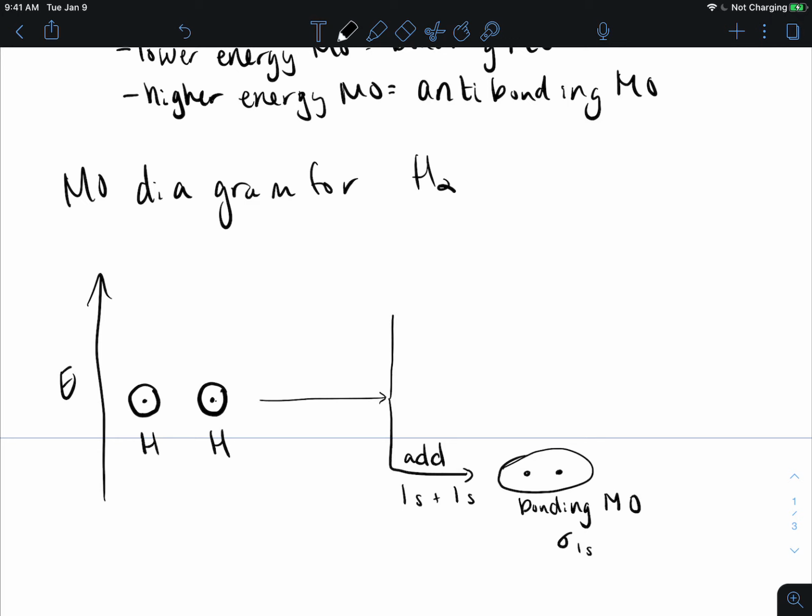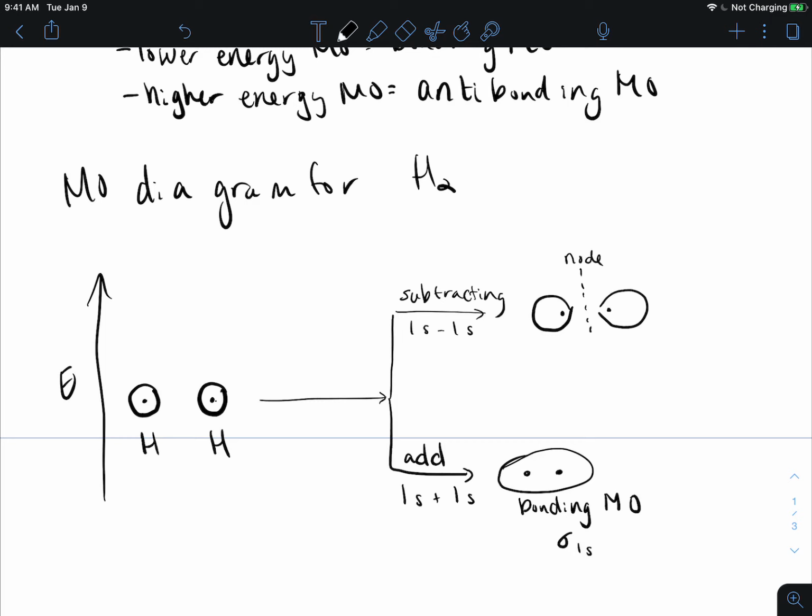Then our other is when we're subtracting our 1s wave functions, and this produces a node, that area of no electron density, and putting electrons in there is going to have a destabilizing effect.